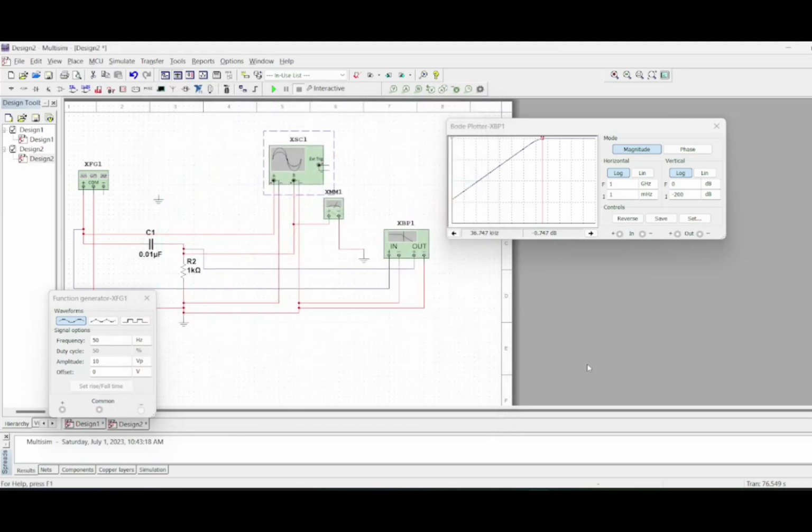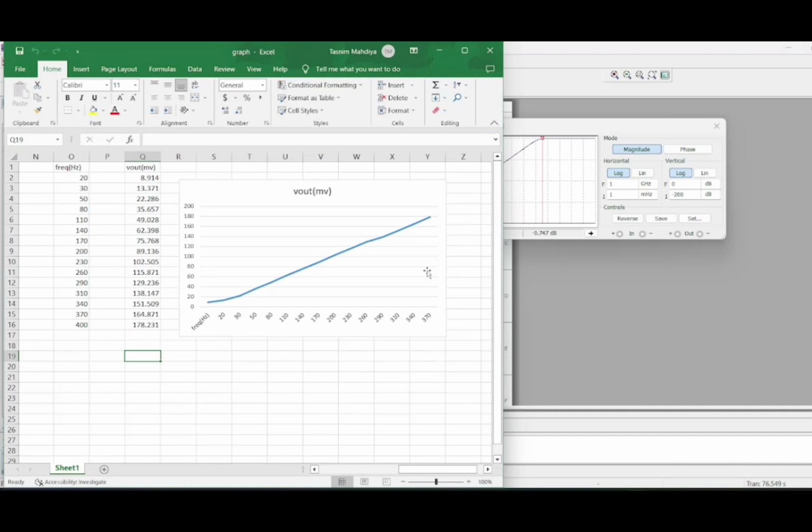Now let's compare with the Excel output. I have applied the same system for the passive filter as well. I have noted the output voltage for this signal.